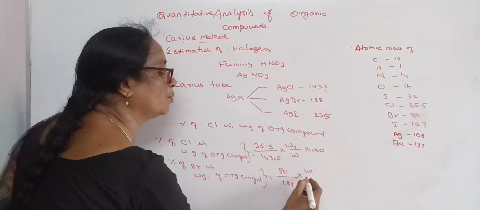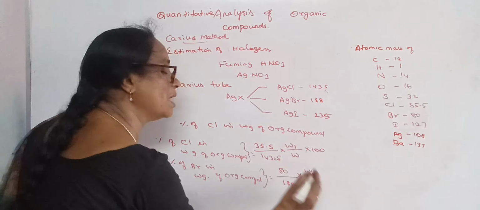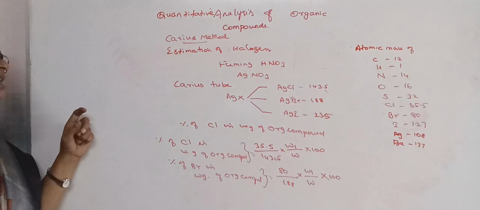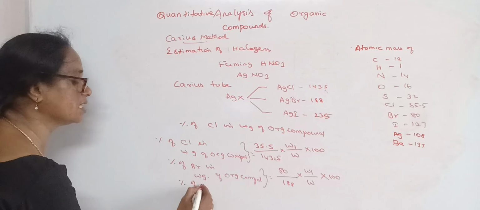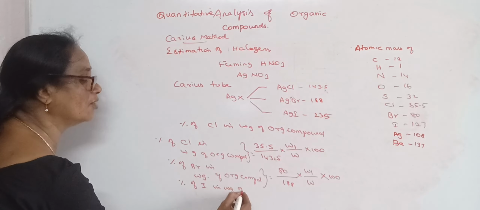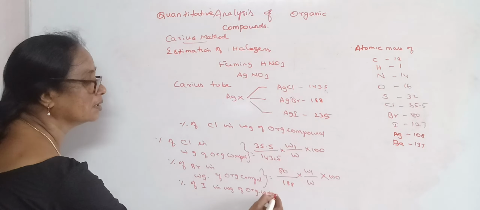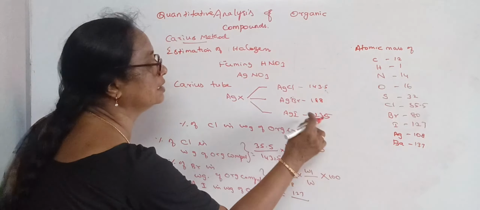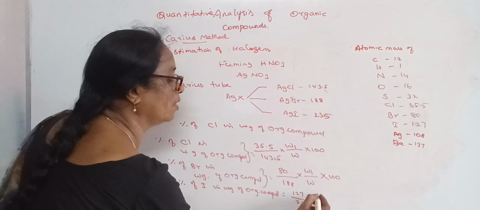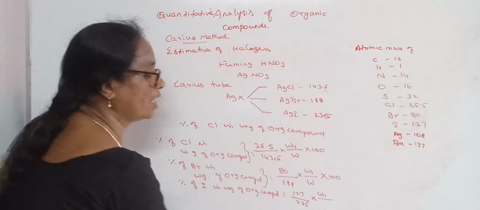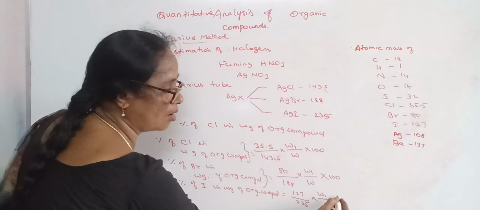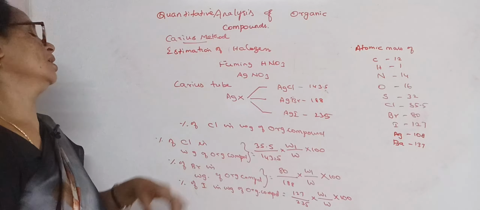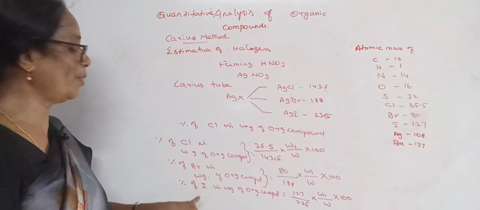Let the mass of silver bromide be W1 and the mass of organic compound be W gram, multiplied by 100 for the percentage. Likewise, we can find the percentage of iodine in W gram of organic compound: the atomic mass of iodine is 127 and that of silver iodide is 235, into the mass of silver iodide divided by the mass of organic compound, into 100. So by this method we can estimate chlorine, bromine and iodine from silver chloride, silver bromide and silver iodide.